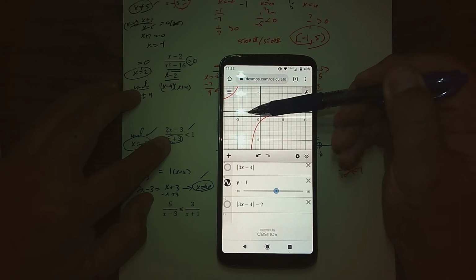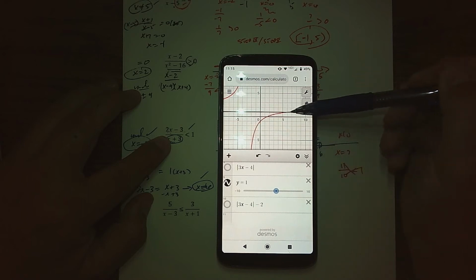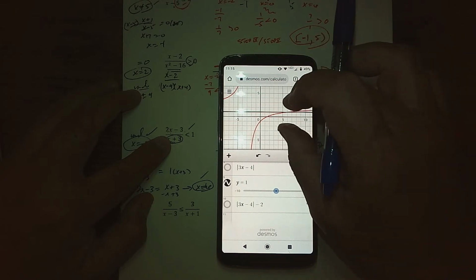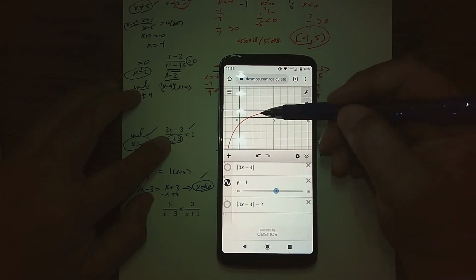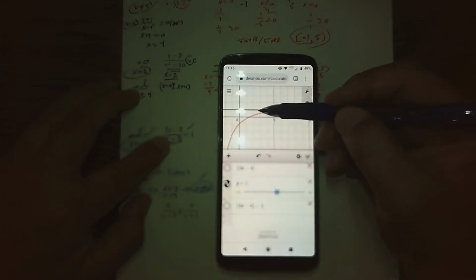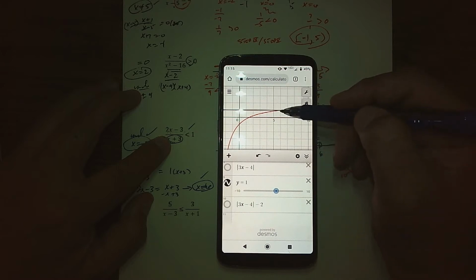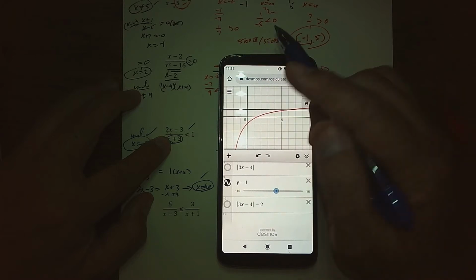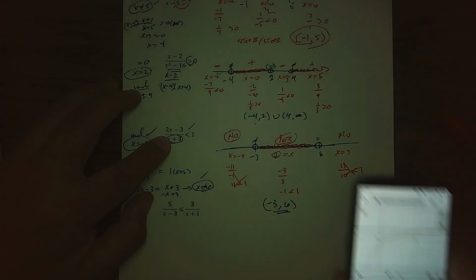Starting at -3, the graph is below the graph of 1, all the way up to about 6. This is where they actually equal each other. Past 6, the graph of the function is above 1. So we can basically see that from -3 to 6, the function graph is below the other graph.